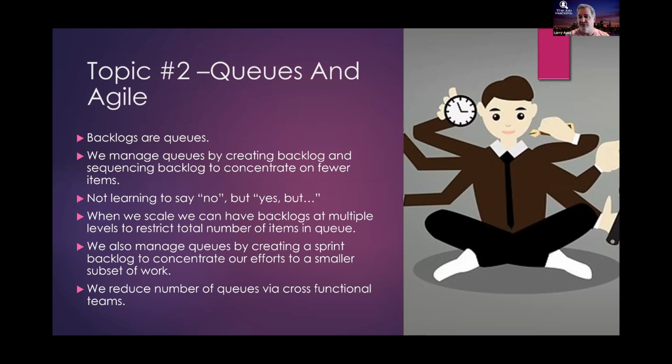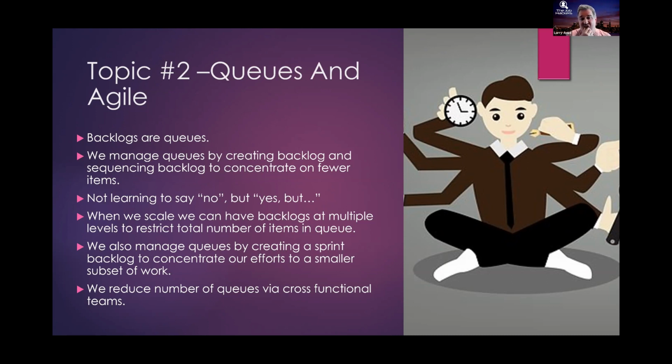We take these ideas, we put them in inventory, we put them in a backlog. We sequence them so that we can concentrate on the high value work instead of concentrating on all of the work, which is what waterfall kind of forces us to do, right? It forces us to look at everything, and when we work on everything, it's a big backlog, it's a big queue.